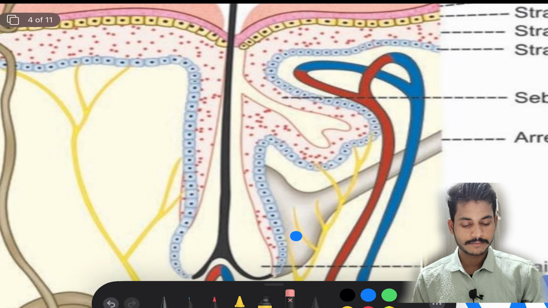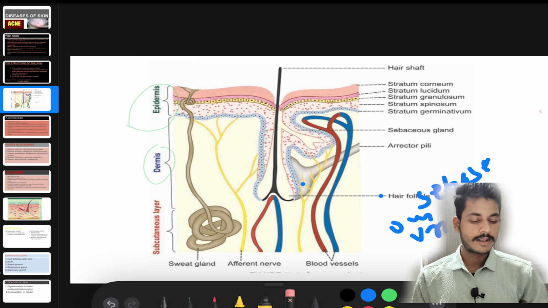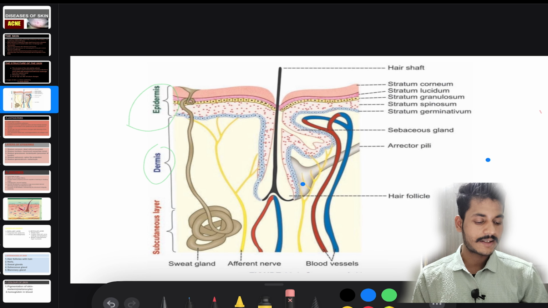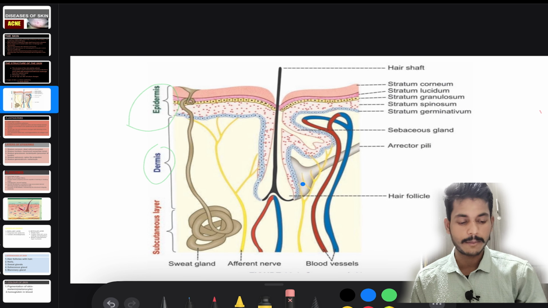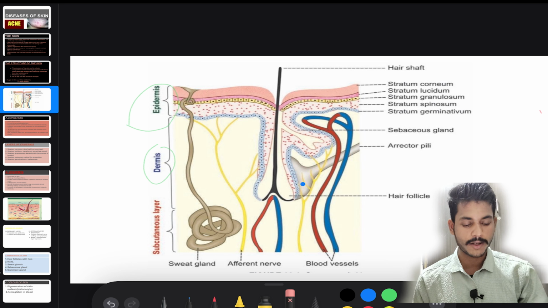No problem. Now, once we have discussed the skin and its structure, and we also understood why acne occurs, just because of the blockage of the pilosebaceous unit.